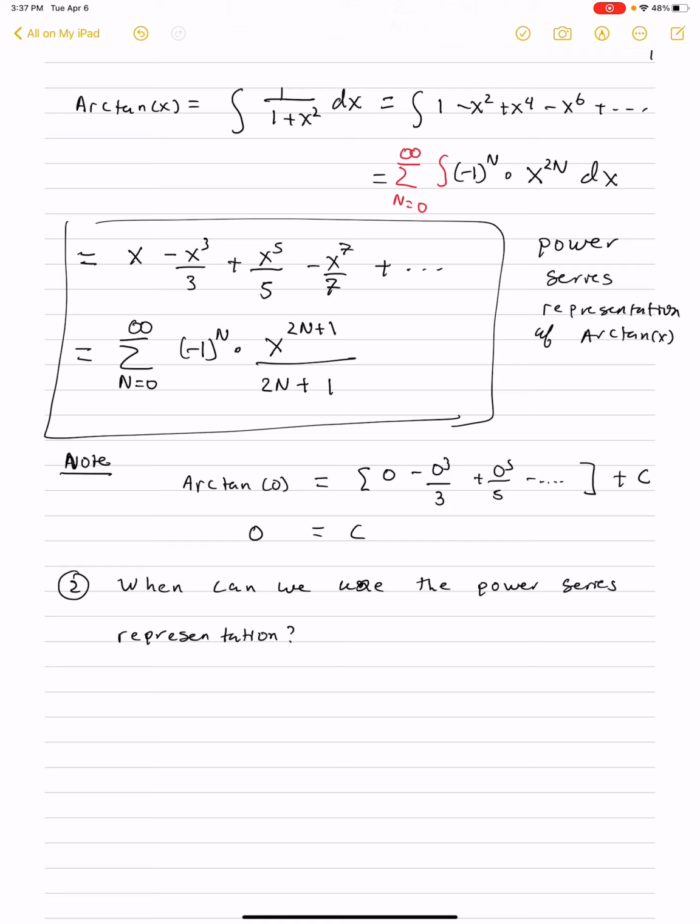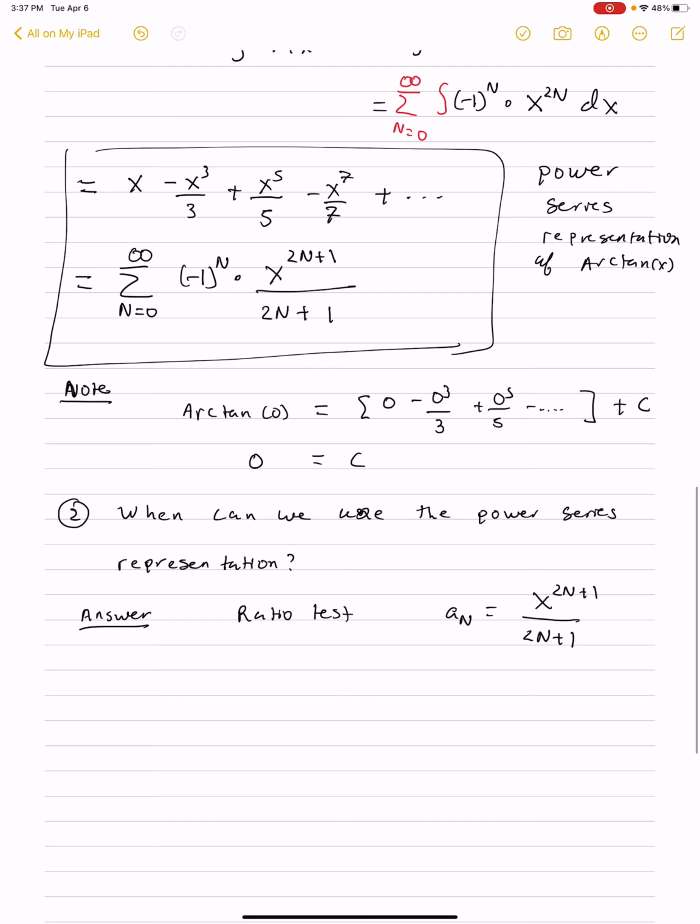And the answer is going to come from the ratio test. Okay, and I'm going to let a_n be equal to x to the 2n plus 1, I'll drop the alternating sign, over 2n plus 1. So I'm going to have to compute this limit as n goes to infinity of a sub n plus 1 over a sub n.